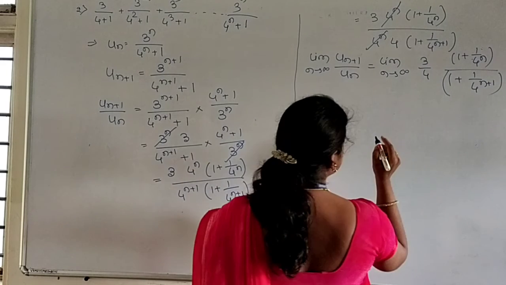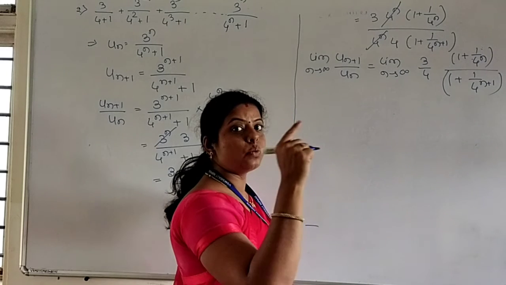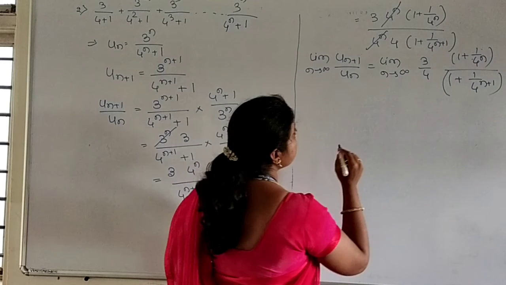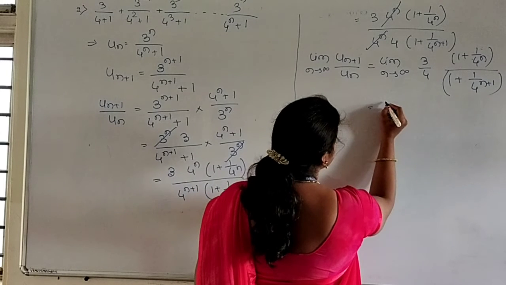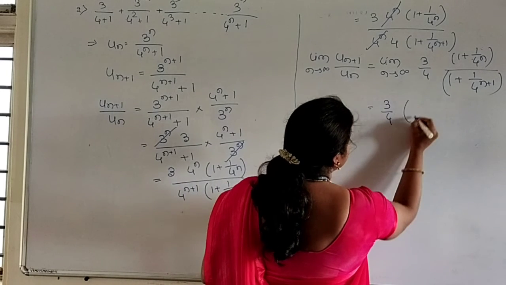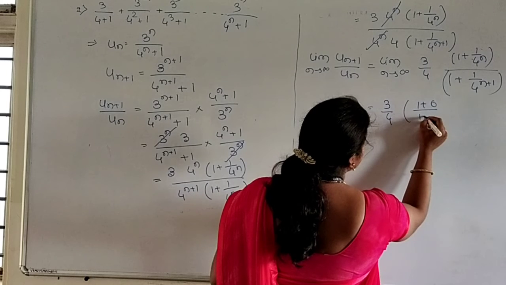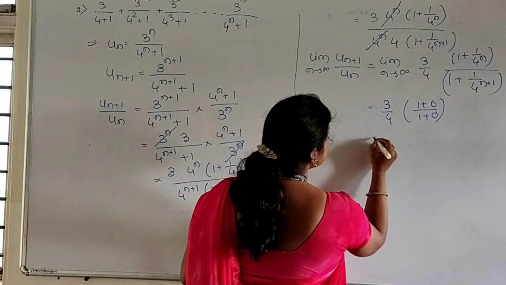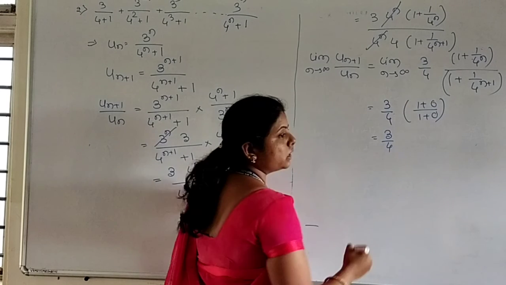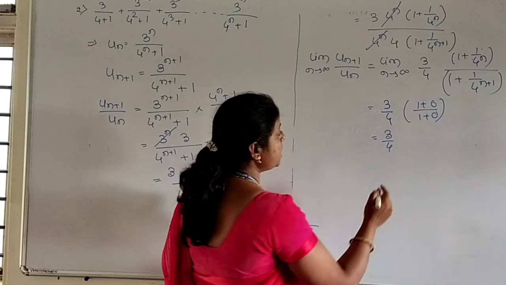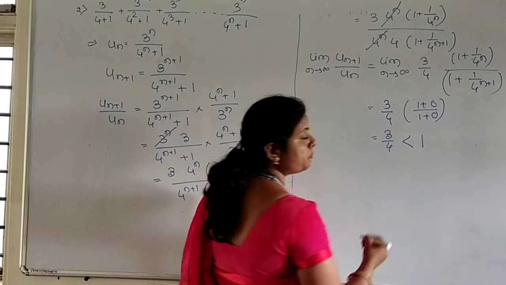Now we know that as n tends to infinity, 1 by 4 raised to n becomes 0. That's why the terms become 1 plus 0 divided by 1 plus 0, is equal to the value we got, 3 by 4. That 3 by 4 is less than 1.